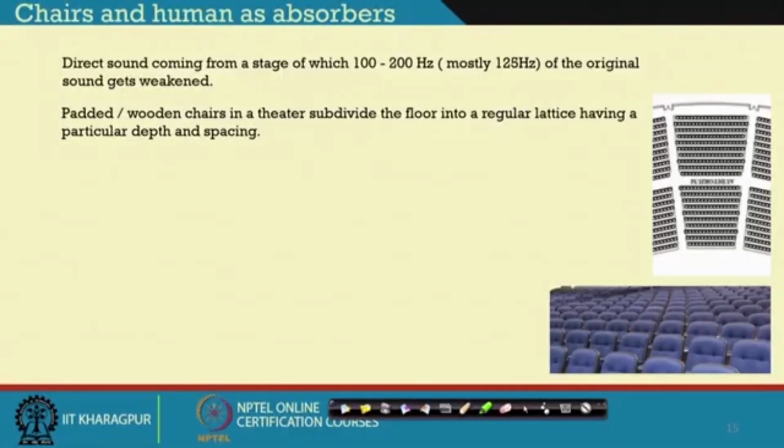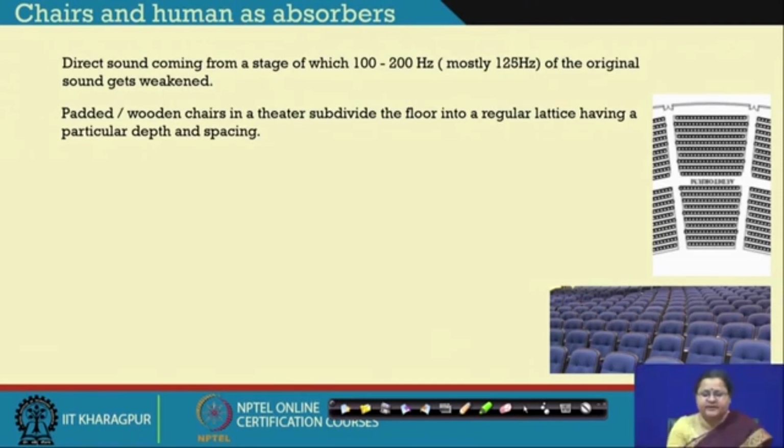If we see the auditorium plan, we see padded wooden chairs subdividing the floor into a very regular lattice having a particular depth and spacing. This ordered arrangement does something to a particular frequency, around 125 to 150 hertz, and the original sound is getting lost.